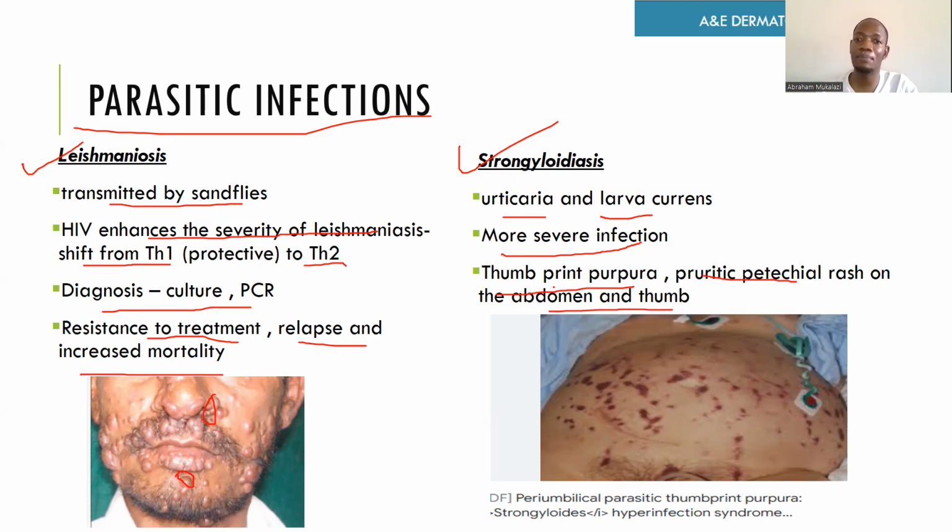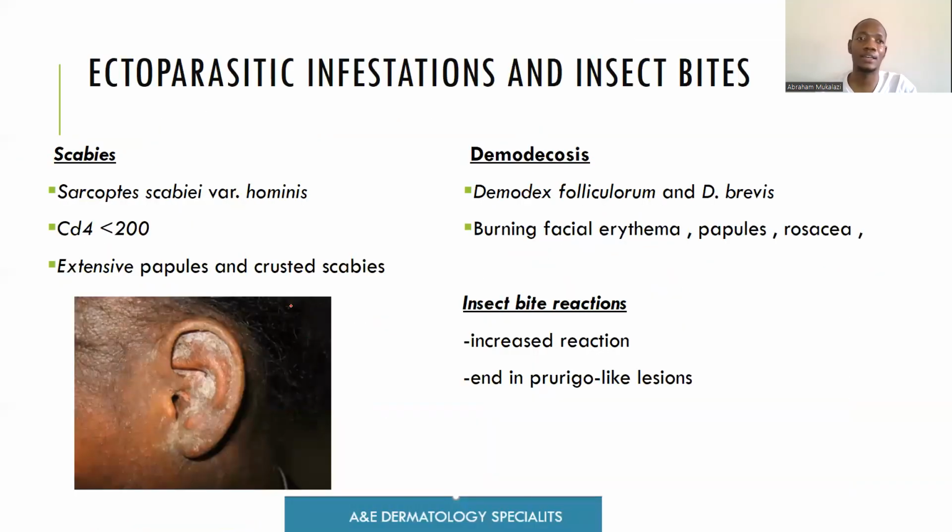That's why it is called thumbprint purpura, and it's also common in people living with HIV or any immune-compromised individual. So when you see easy bleeding on the trunk of an HIV individual, you may also think about parasitic infections being the underlying cause.